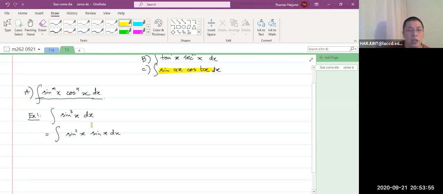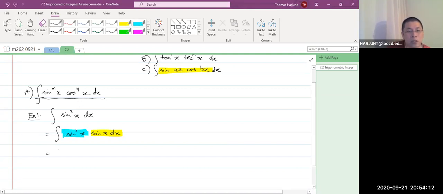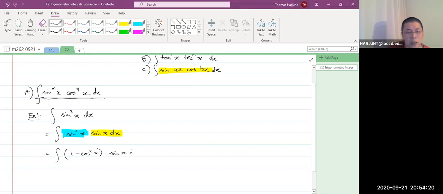Now this can be used for our du later on, and therefore this has to be expressed in terms of cosine. So this is integral of 1 minus cosine squared x sine x dx.